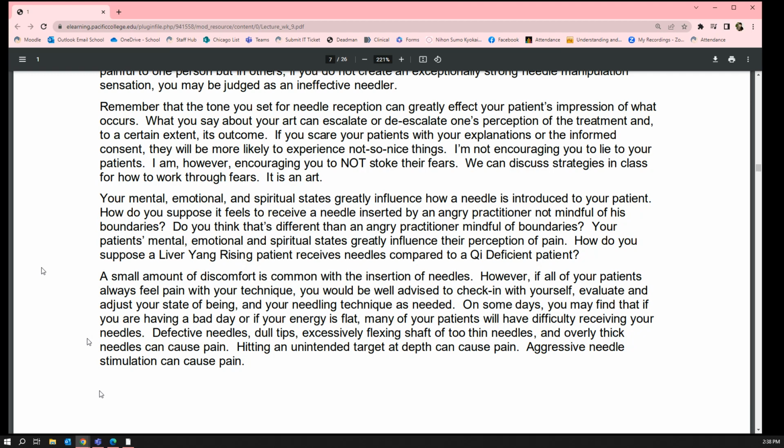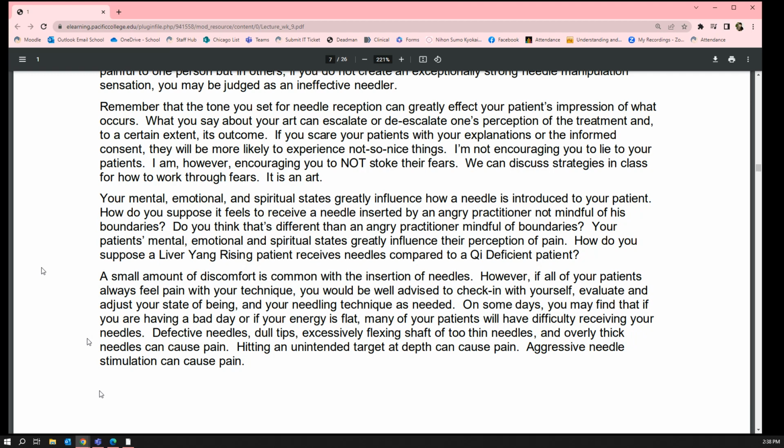If this is happening every once in a while, if you notice that it's happening on certain points, oftentimes you might examine how you are needling that point. It might also just be that it's a stronger point, right? We know with points like large intestine 4, stomach 36, those can get bigger reactions just on the insertion very often. So that is something that we can anticipate.